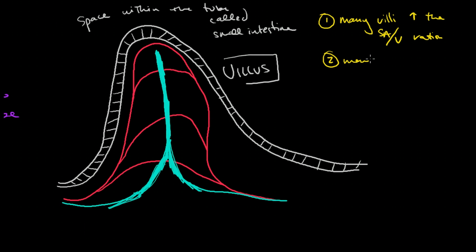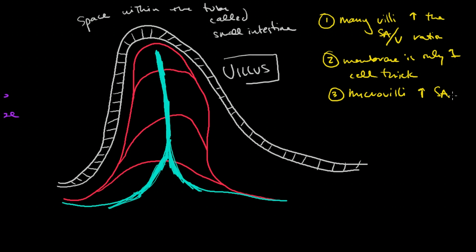Second, the membrane is only one cell thick. Third, the villi on the ends here have little hairs, and these are microvilli. So microvilli increase the surface area even more.